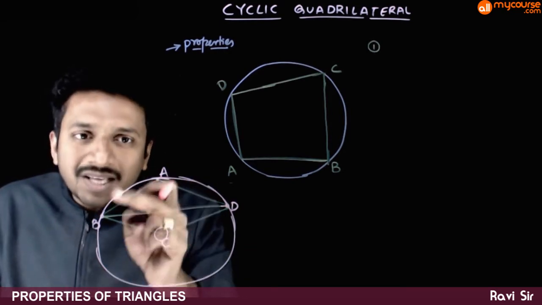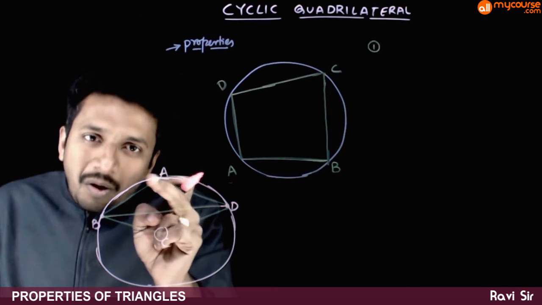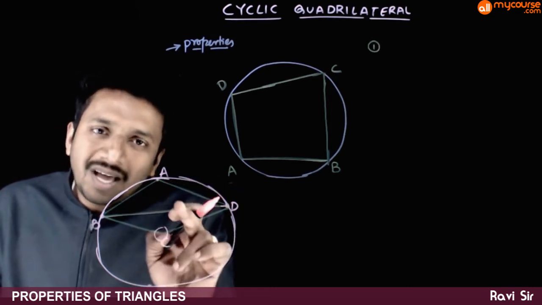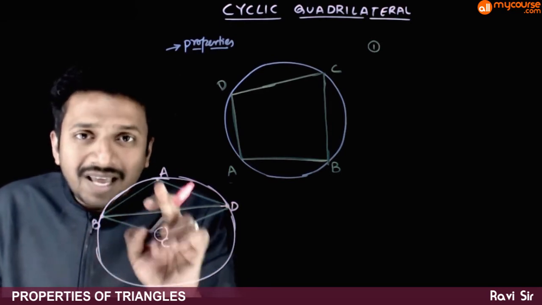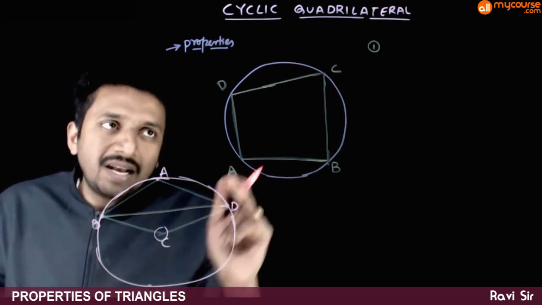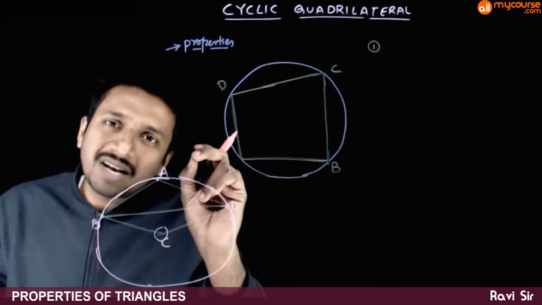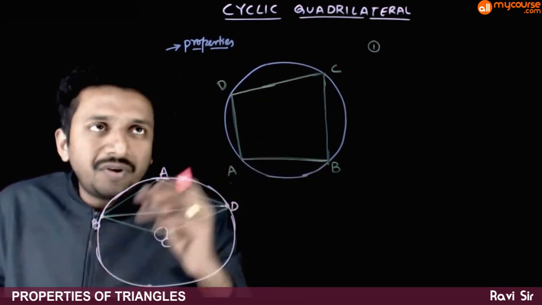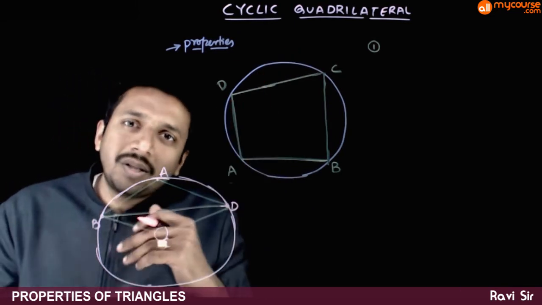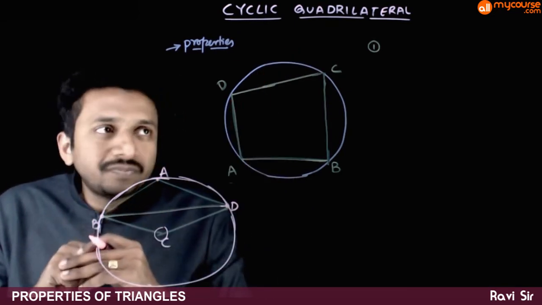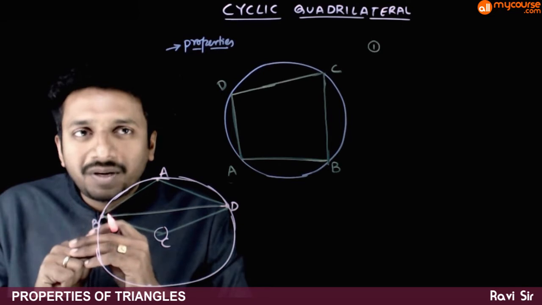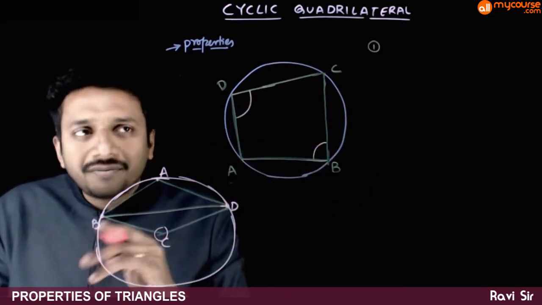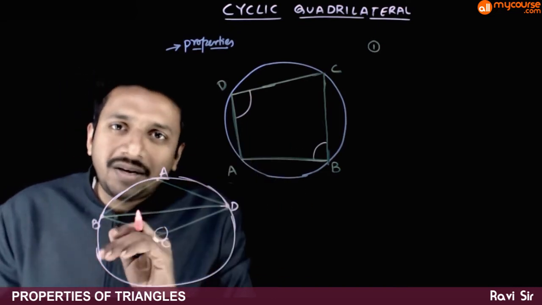That means you cannot circumscribe all four vertices of this quadrilateral by a circle, and this is not a cyclic quadrilateral. A cyclic quadrilateral is a quadrilateral which can be circumscribed by a circle. What are the properties of a cyclic quadrilateral? The first and most important property is that the sum of opposite angles of a cyclic quadrilateral is equal to 180 degrees.